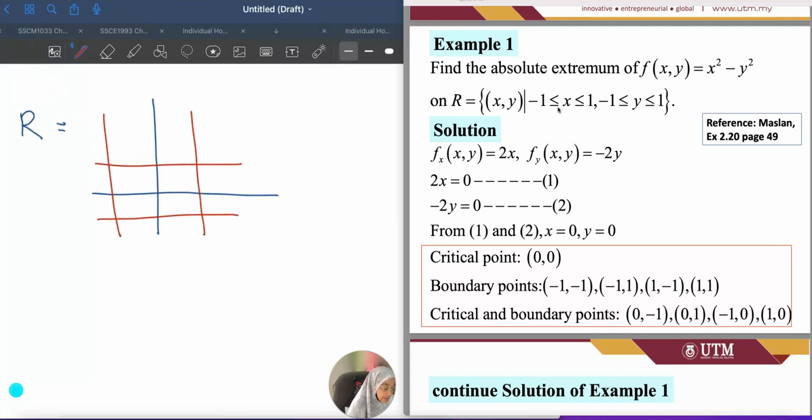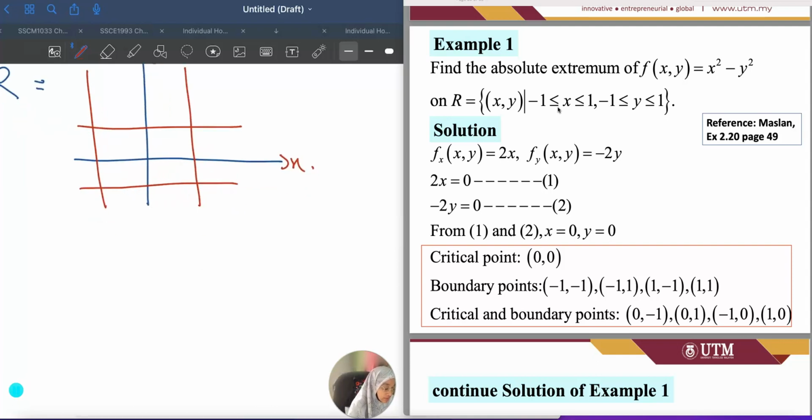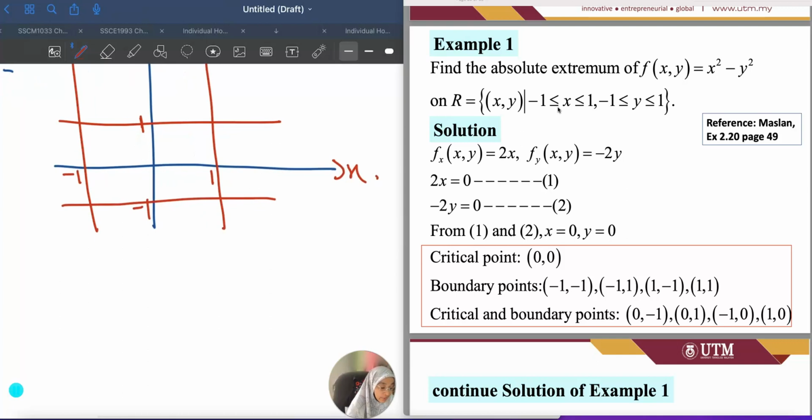So it looks like this, this is the y axis. We are only interested in the region with corners 1, -1, -1, 1. If we look at the vertices here, there is this point, this point, this point, and also this point.